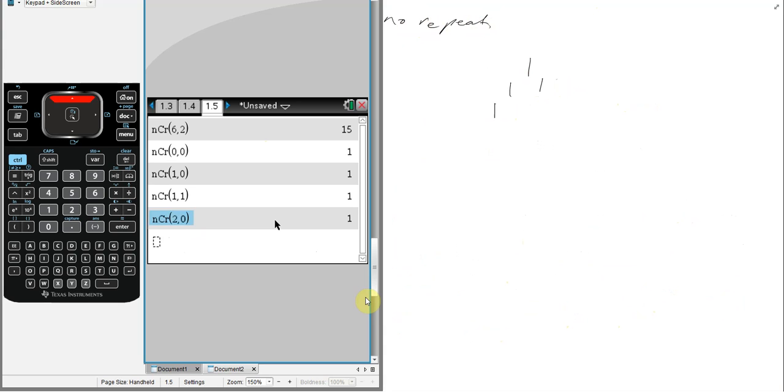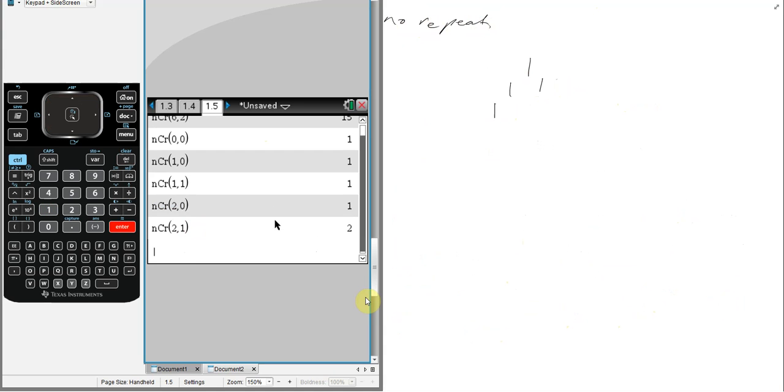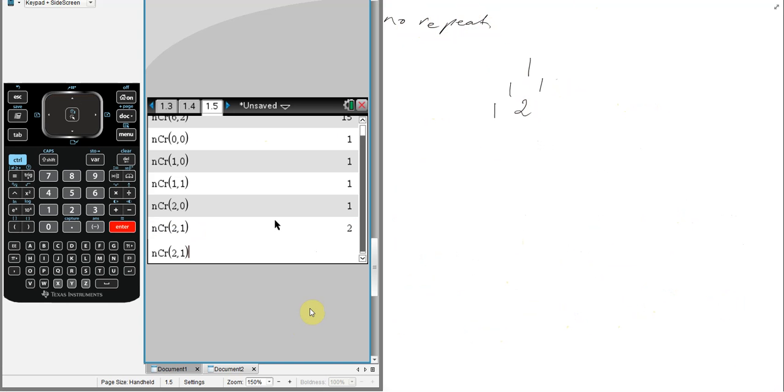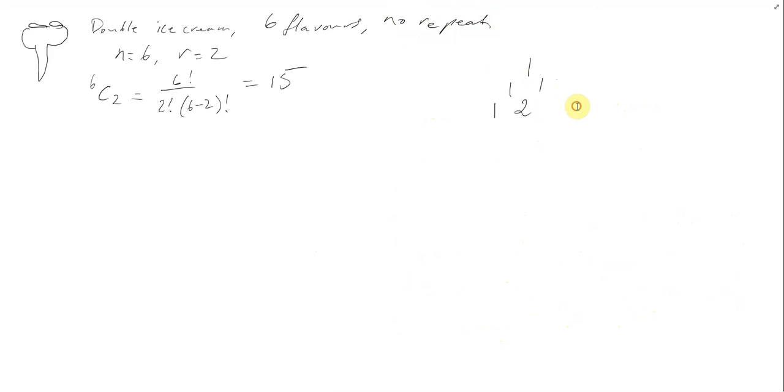Okay, what if we had 2 objects arranged in 1 position? 2 ways you can do that. What if we had 2 objects arranged in 2 positions? 1 way you can do that. Okay, interesting.